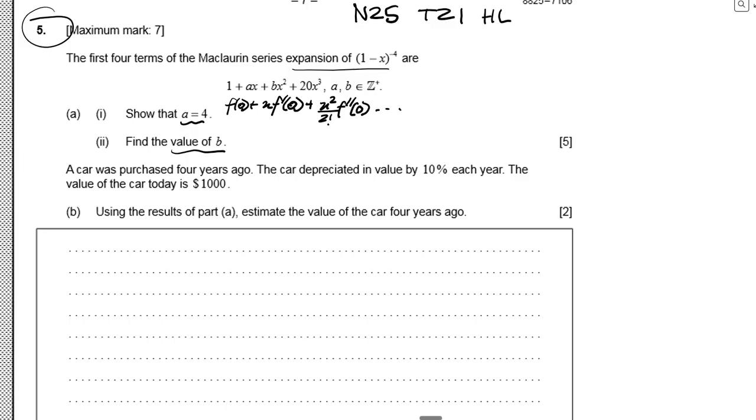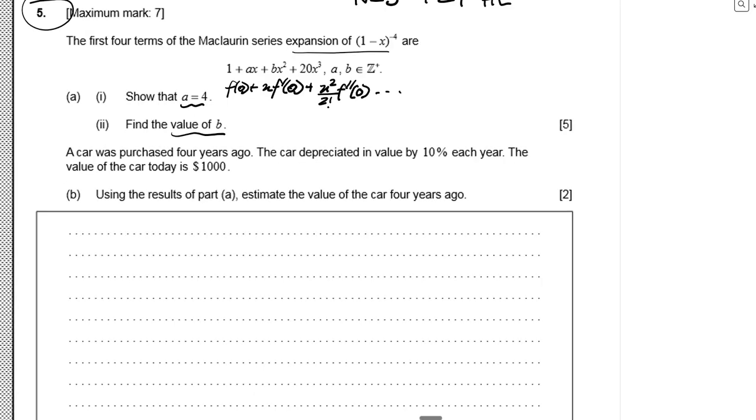And so we just use that. So our a term should be just our f prime of 0. So let's find f prime with the derivative. F prime of this is simply negative 4 bracket 1 minus x. We have a negative 1 as well. So we just multiply by negative 1.